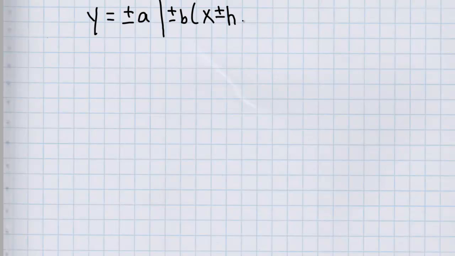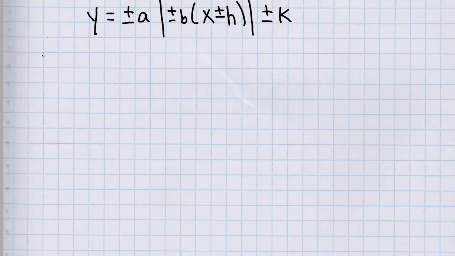Before we do transformations, let's look at the general transformations for our absolute value function. Y equals plus or minus a, and instead of f of x, I'm going to use the absolute value symbol, plus or minus b times x plus or minus h, and that's inside the absolute value symbol, plus or minus k outside.